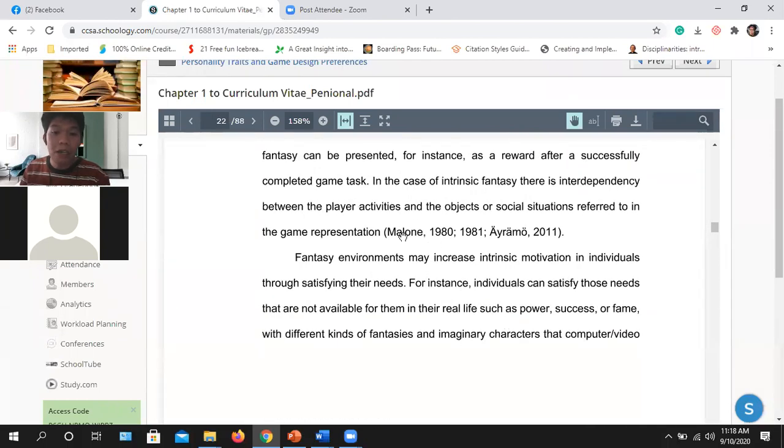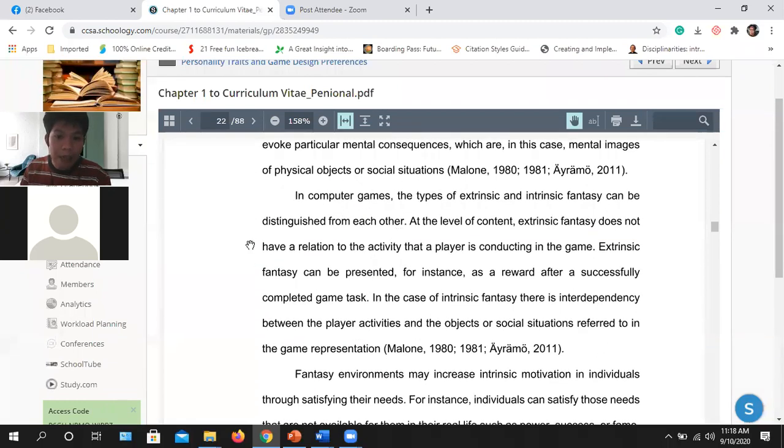For example, the main author of this specific related literature is Maloney.